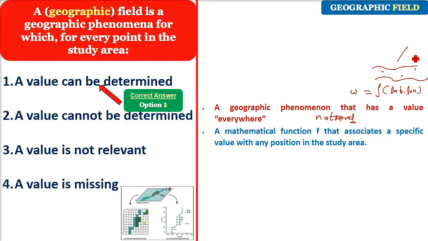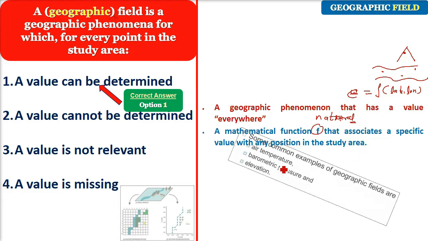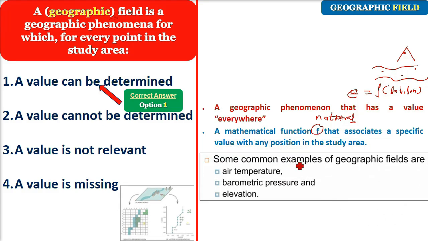For example, if you want to know the elevation of a slope area, then you will get the elevation for every lat long. So a mathematical function is always: when you have an x, you will get a y. And this is specifically for natural phenomena. A geographic field is always defined or recorded for something which pertains to a naturally occurring geographic phenomenon.